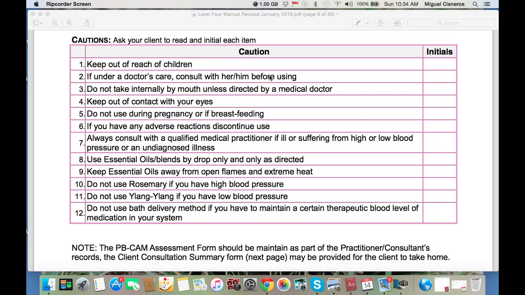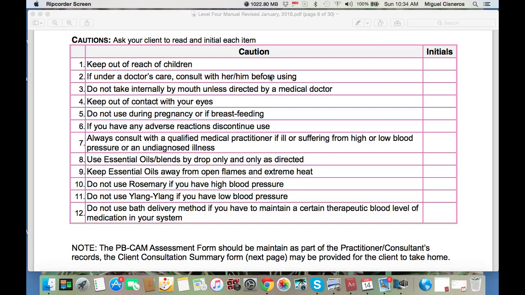We can also make a tincture and do the same thing, but we do not recommend or practice internal use of essential oils. That is practicing internal medicine. We're not trained for that. That belongs to a medical doctor. And they will sign that, by the way. So we're clear that they're clear on that subject.